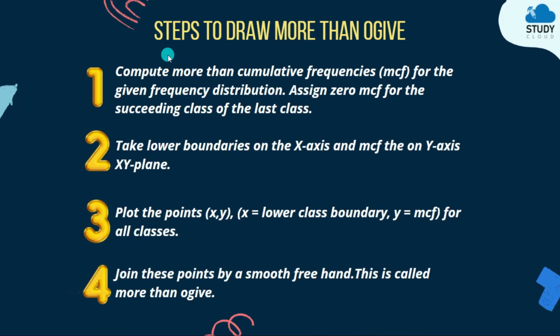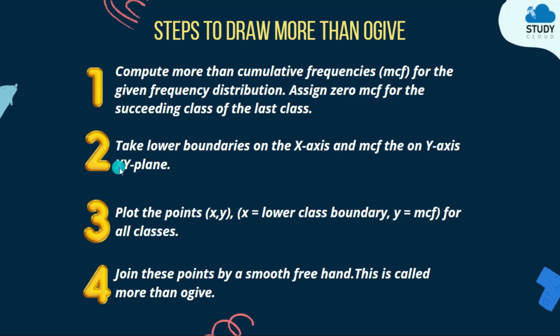Then the steps to draw a more than ogive. Here the first step is to compute the more than cumulative frequency, that is MCF, for the given frequency distribution. Assign 0 MCF for the succeeding class of the last class. Whatever your last class is, the next class will be assigned 0 more than cumulative frequency.